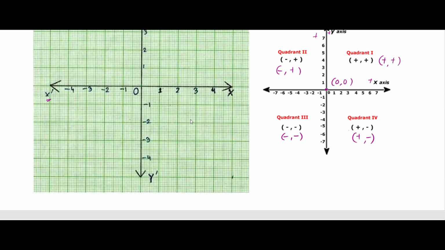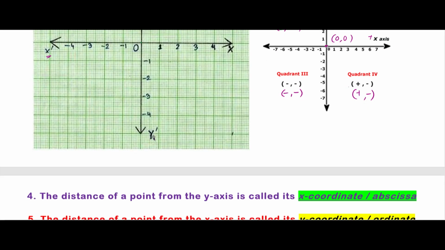The x-axis and y-axis divide the plane into 4 quadrants. In quadrant 1, x is positive and y is positive. In the second quadrant, x is negative and y is positive. In the third quadrant, both x coordinate and y coordinate are negative. In the fourth quadrant, x is positive and y is negative.